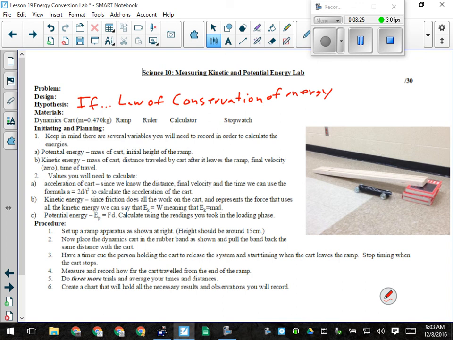The and part, as always, describes the experiment. The then part should tell me, if the law of conservation of energy says that this is going on and this is done, then what's going to be the relationship between EP and EK?